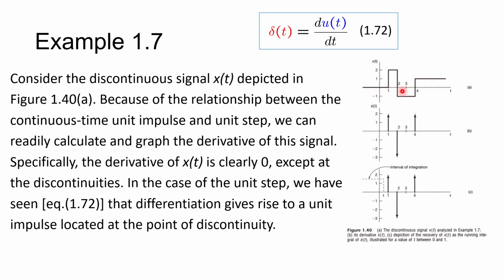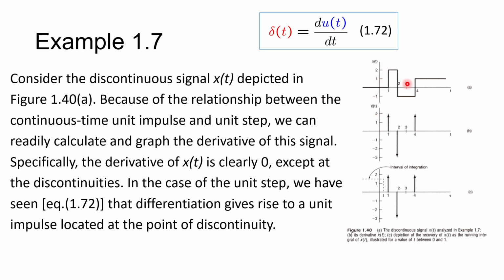Now what is the derivative here? The jumps look like the jumps in a unit step function, and when you take the derivative of a unit step function, you get a delta function, and that's exactly what happens. First you have a jump from 0 to 2, so that's basically twice the unit step function, and when you take the derivative, you get twice the delta function.